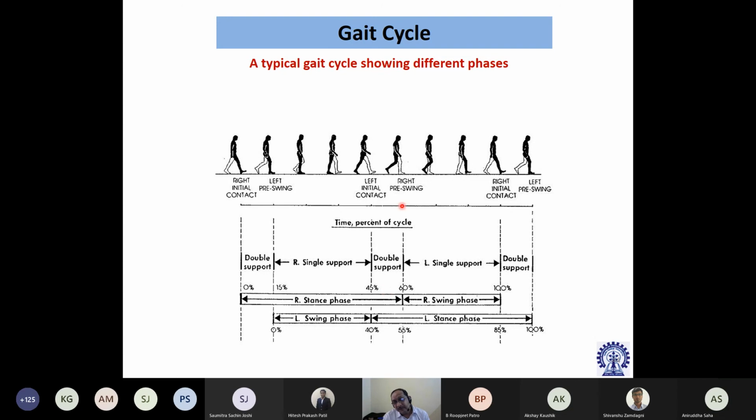Definitely in this double support region, what you say is between 45 to 60, and this is 15%, right? Here on the left case, it is also 15%, 40 to 55. But whether or not this is exactly 50%, that is difficult to say, because this double support phase is a bit fuzzy.